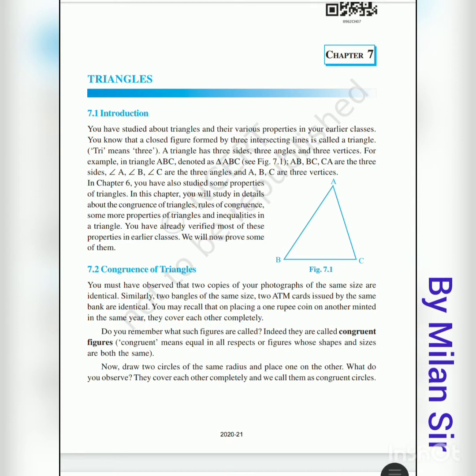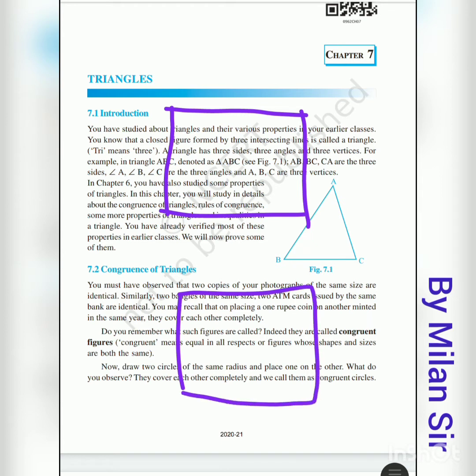Circles do not have any other dimension, only the radius. Same thing for squares: if two squares have the same measurement, like 4 centimeters, then the two squares are called congruent squares.